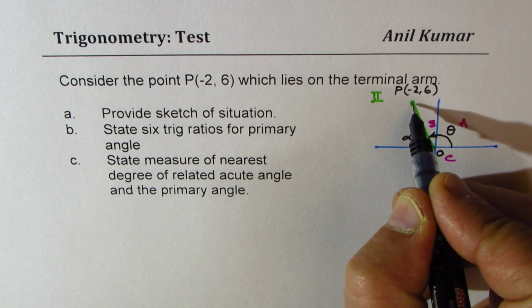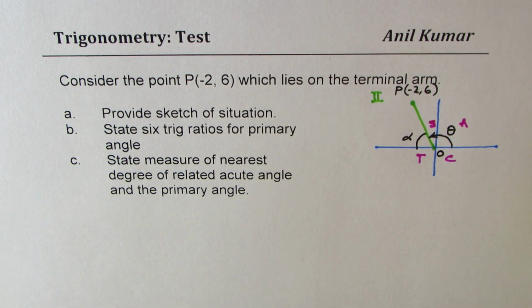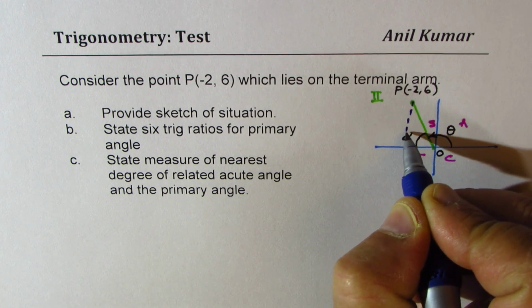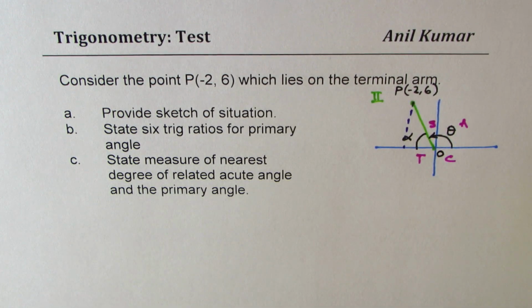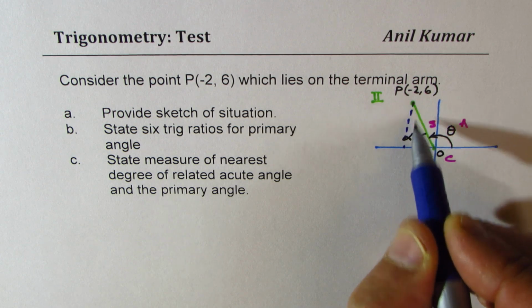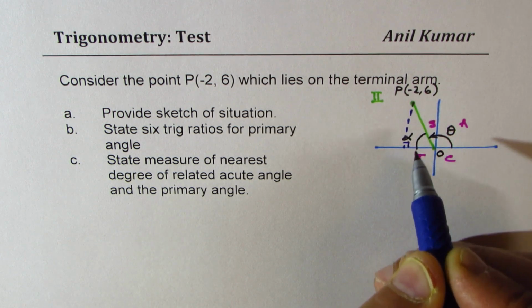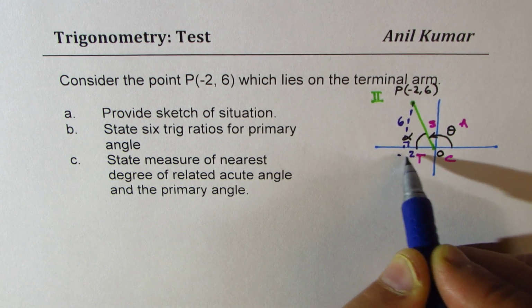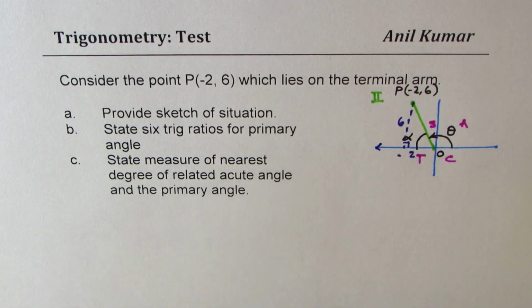So we can use the Pythagorean theorem to find the length OP. One side of this right triangle is 6 and the other side is 2 units. Negative because it is towards the left side. However, to find the radius, we have to take the square of it, right?